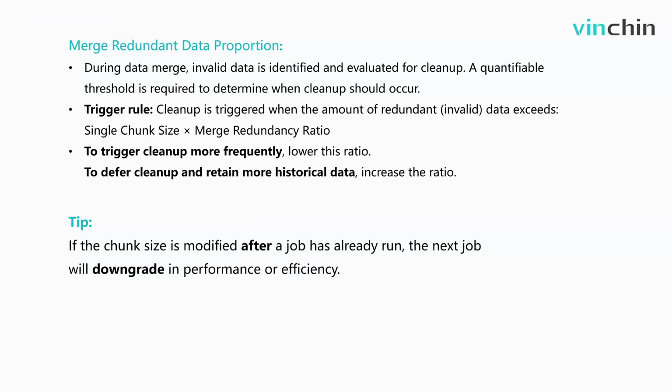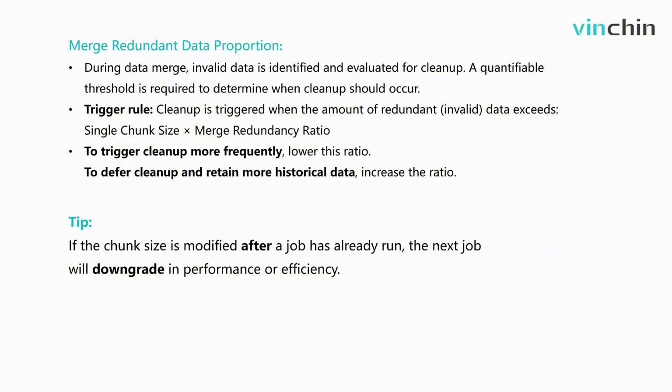And this is the introduction about the merge redundant data proportion. During the data merge, invalid data is identified and evaluated for cleanup. A quantifiable threshold is required to determine when cleanup should occur. The trigger rule: the cleanup is triggered when the amount of redundant data exceeds a single chunk size multiplied by the merge redundancy ratio.